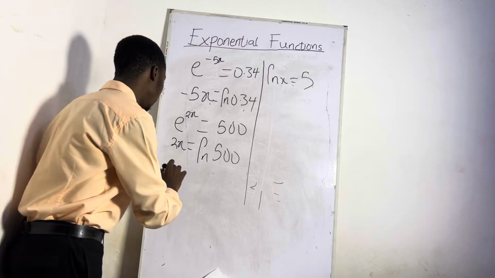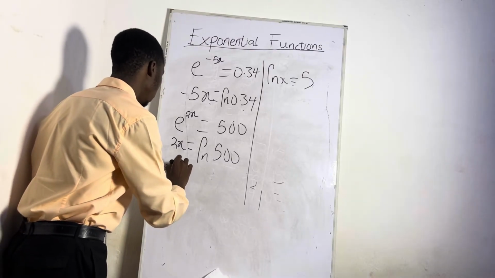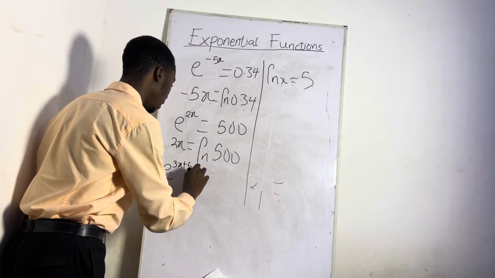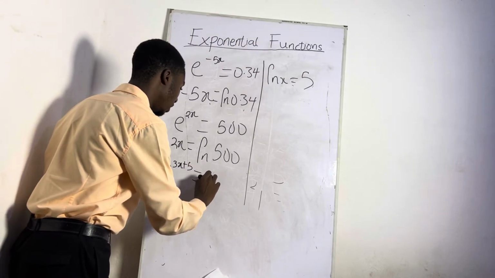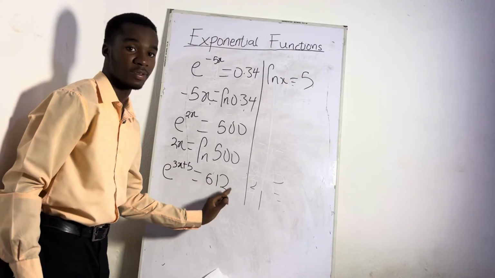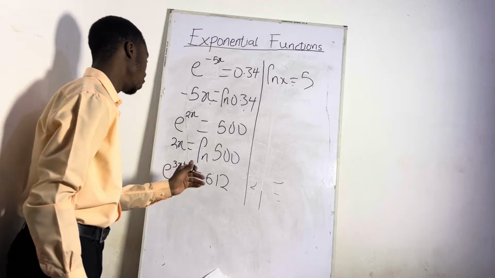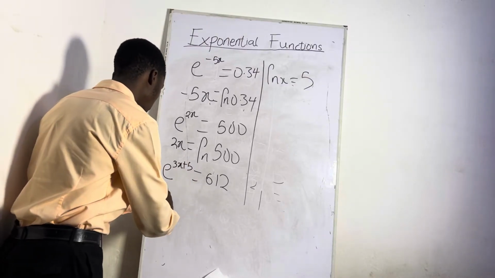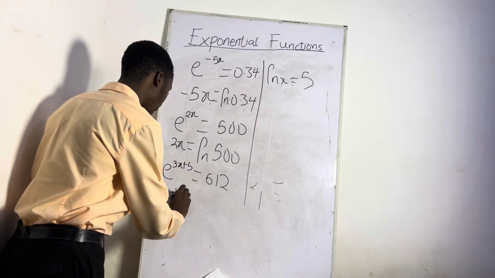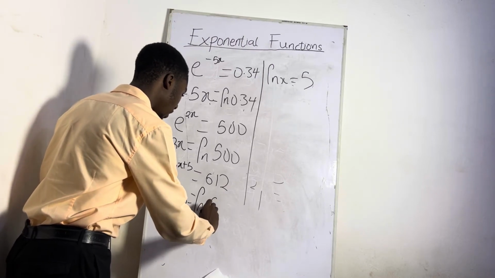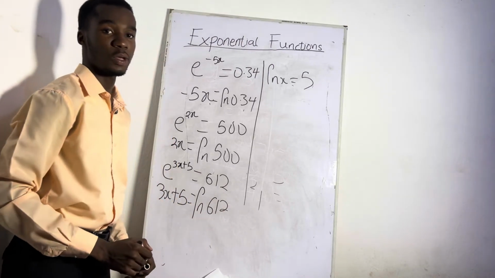If you also have e exponent 3x plus 5 is equal to 612, you just forget about the e. Then you take the exponent, so 3x plus 5 is equal to ln 612. That's how you go about it.